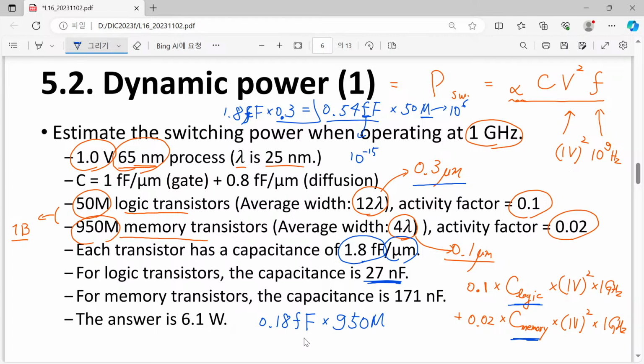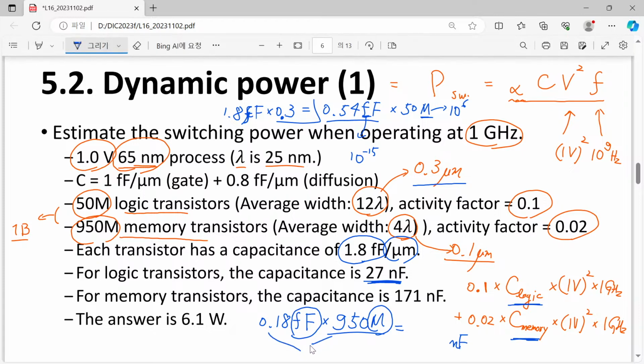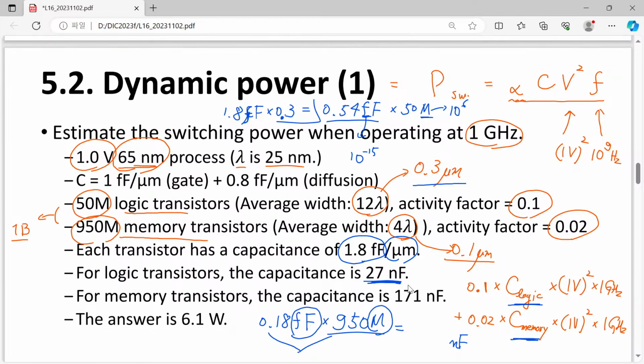Yes, we have this number for memory transistors. Once again, when we combine the femtofarad and the million, then we will have nanofarad, and just calculating their product, you will have this number.